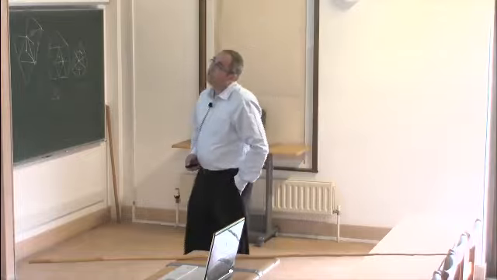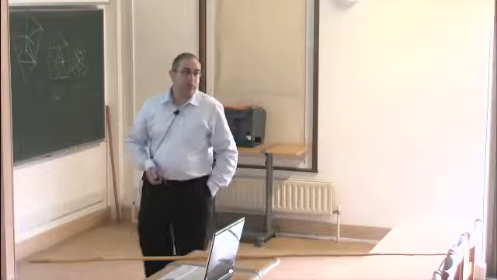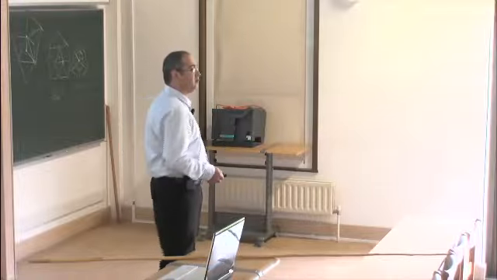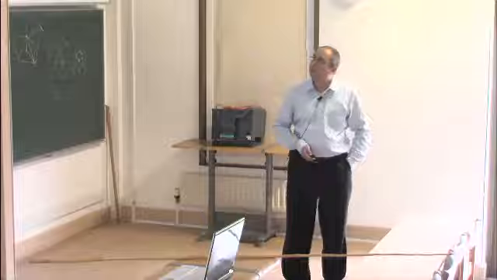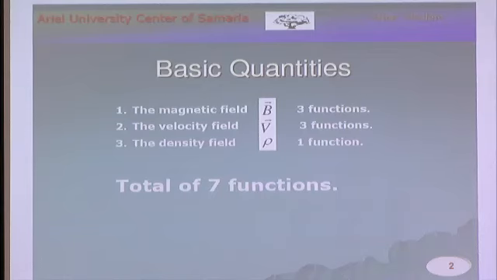Now, when we solve magnetohydrodynamics equations, we are really looking for those 7 functions, which are the magnetic field, the velocity field, and the density field. Of course, B and V are vectors, therefore just a representation of 3 functions put together.